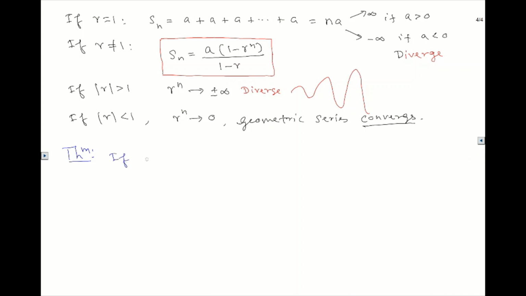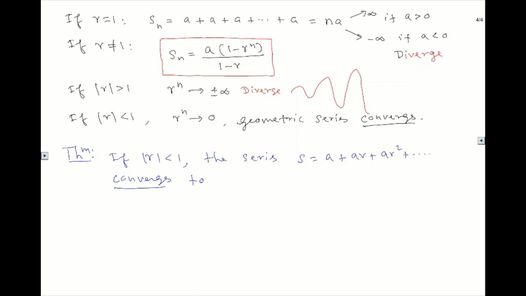if absolute r is less than 1, the geometric series a plus ar plus ar squared and so on converges. It converges to what?